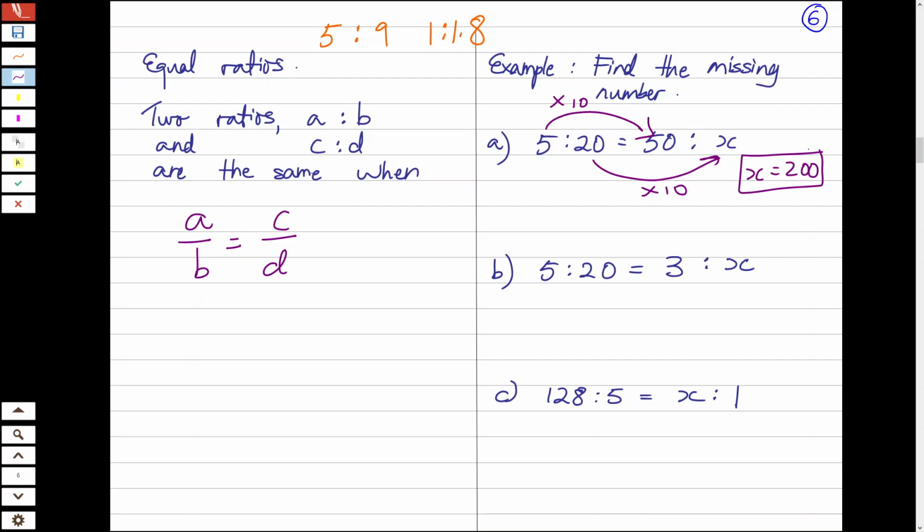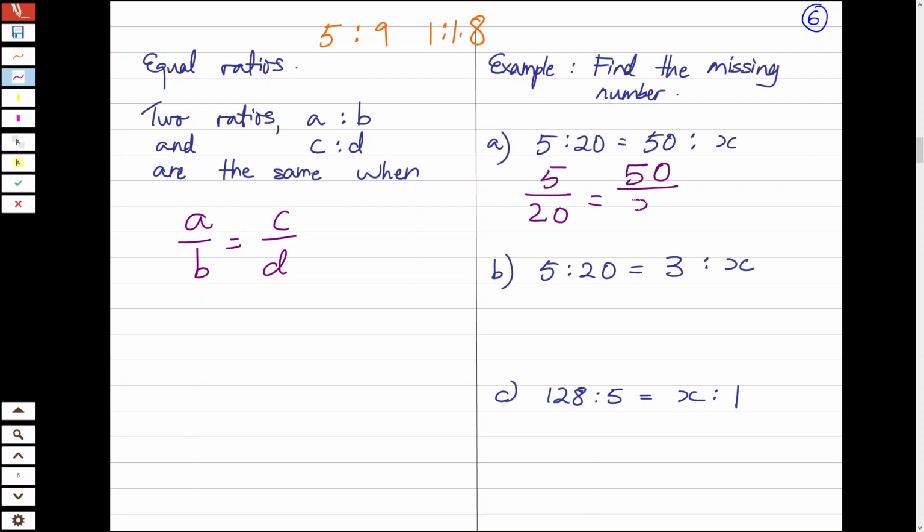Here's how I want to teach you to set out your working though. So you're not going to do that. It's okay if you wrote it. You're going to do it this way: 5 divided by 20 equals 50 divided by x. This looks like a linear equation for x.